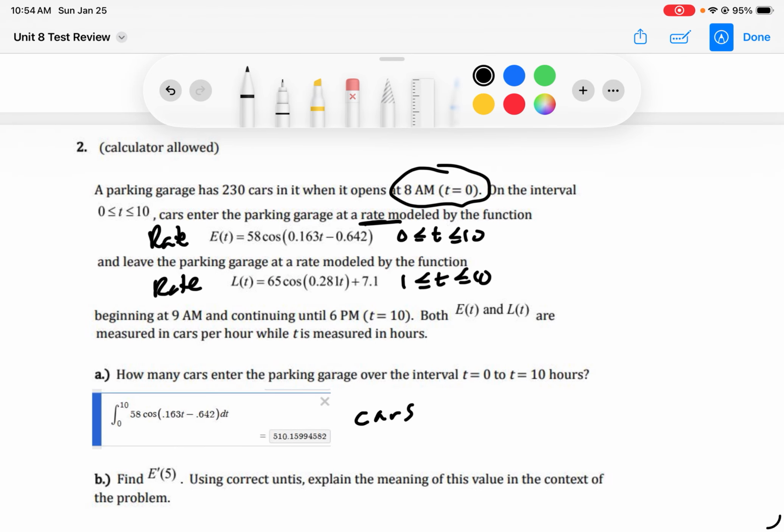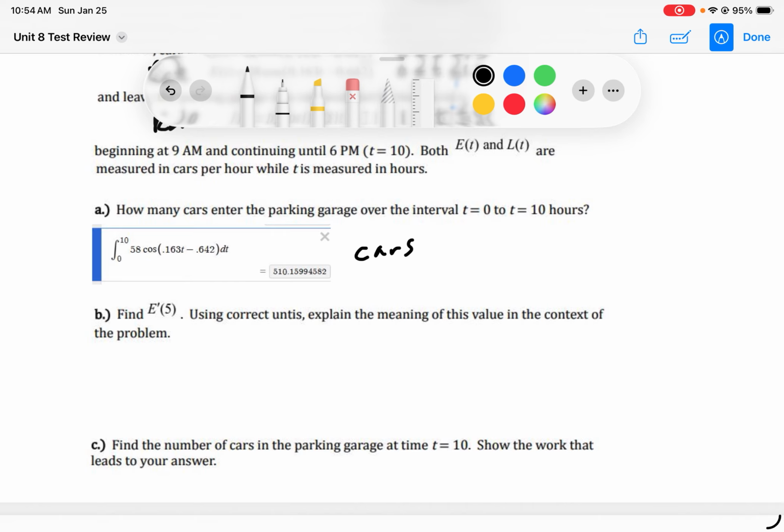All right, find E prime of 5. Using correct units, explain the meaning of the value in context of this problem. So in my calculator, I should define E of t. I would use capital E. If you use lowercase e, I think it thinks that's the number e, so don't do that.